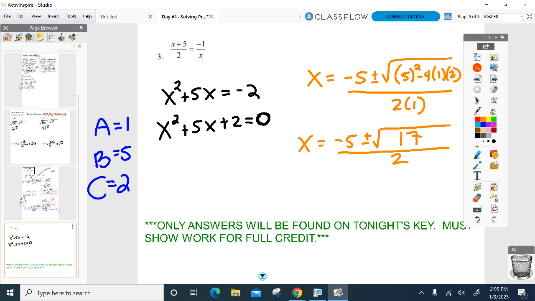How's that look? Can you break down 17? As we talked about in the previous problem, that's it. Can't break it down anymore. If you can, you break it down, you separate it into 2 fractions and reduce.